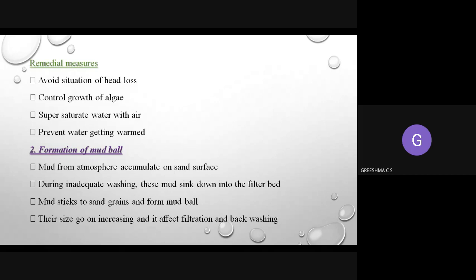As more sand and mud come together, its size will increase and it will lead to the formation of a mud ball. This will be trapped between the voids of the filter bed and it will affect the filtration and backwashing.